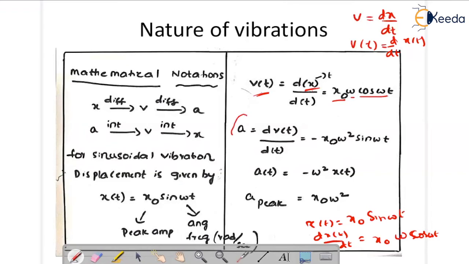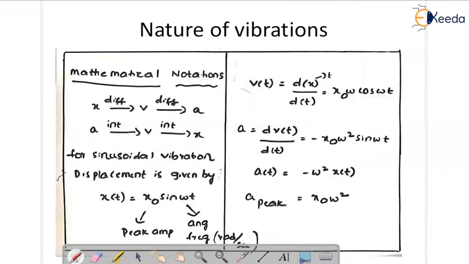Now velocity is x naught omega cos omega t. If you want acceleration, it is equal to dv by dt, which is d by dt of x naught omega cos omega t.